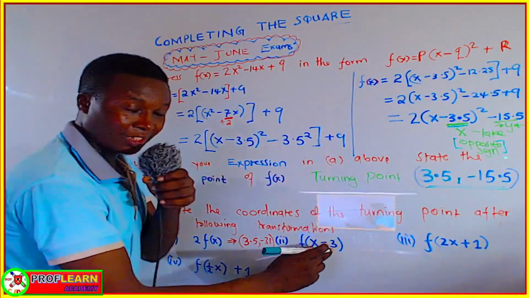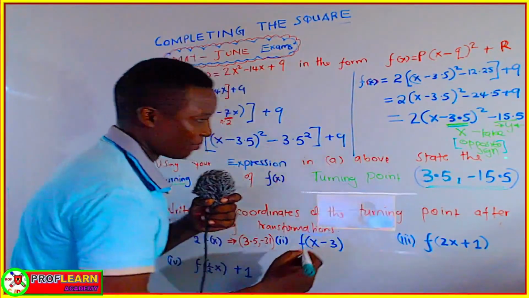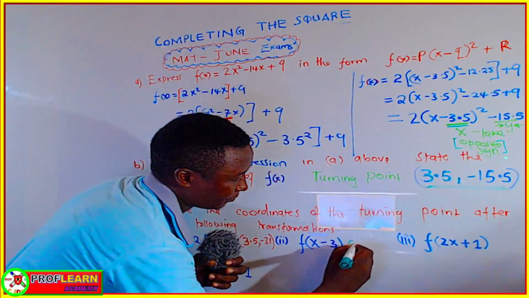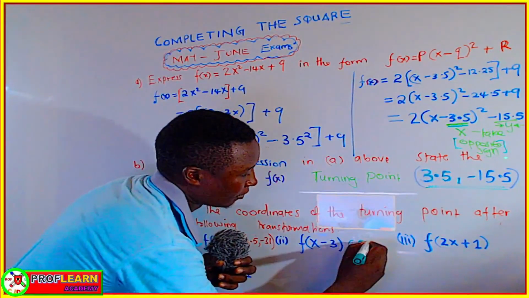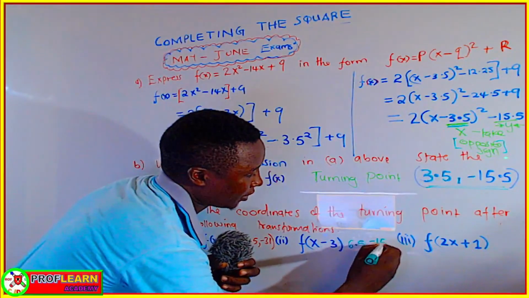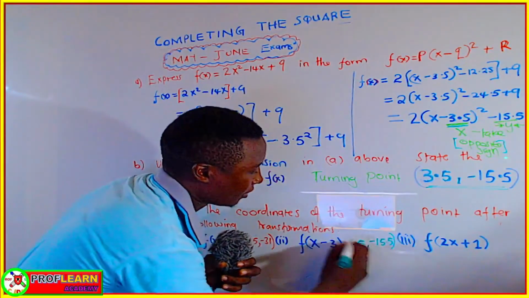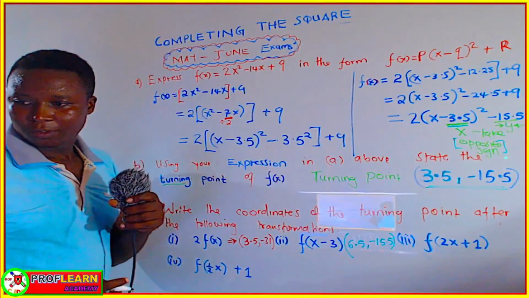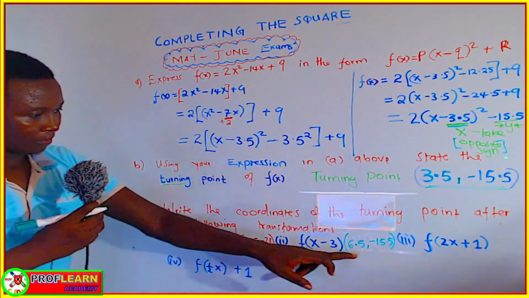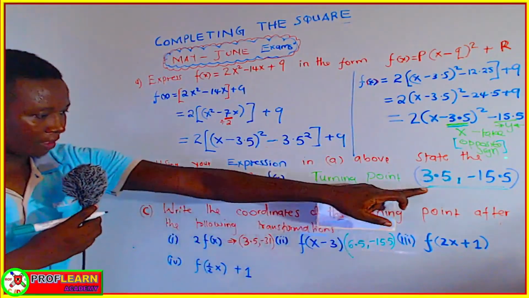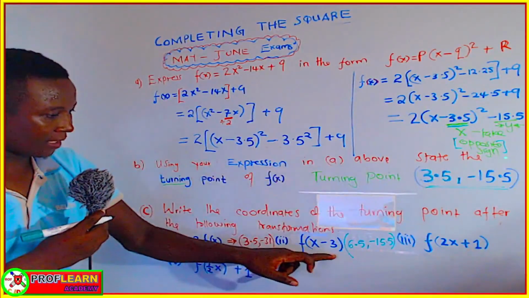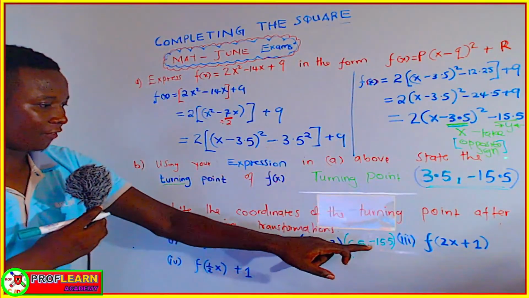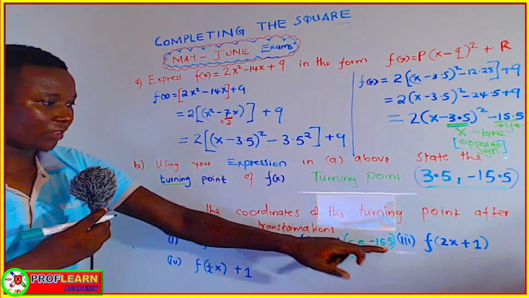Instead of subtracting, when you are doing an x coordinate transformation, you add, and this is going to be 6.5. The 15.5 remains the way it is. So the turning point after the transformation x minus 3 is going to become 6.5, negative 15.5.